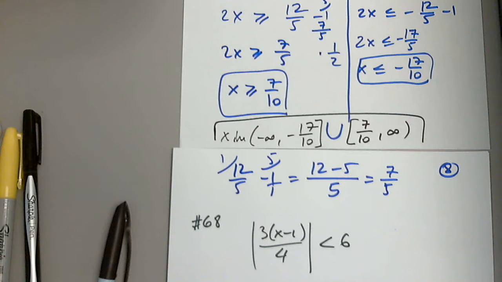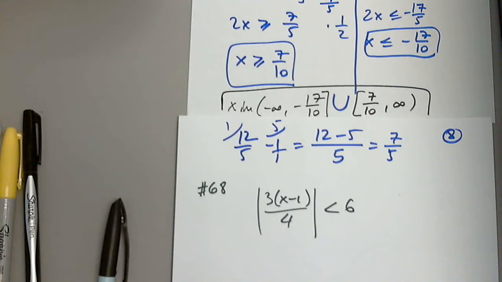So I'm looking at this inequality, and I read it. Whatever has the distance from 0 less than 6. Less than 6, greater than 6. Which one is it? Less than. If you say less than, then you can do this.